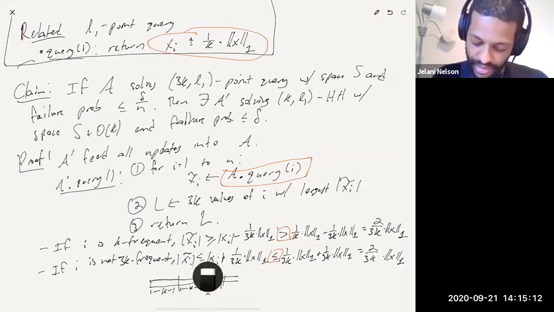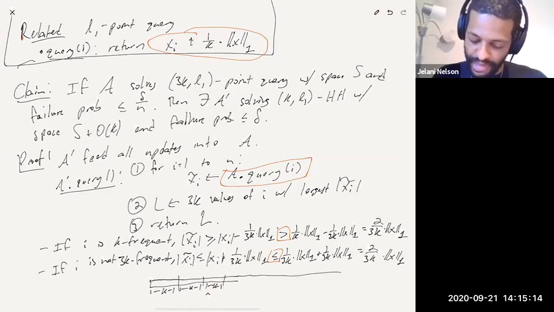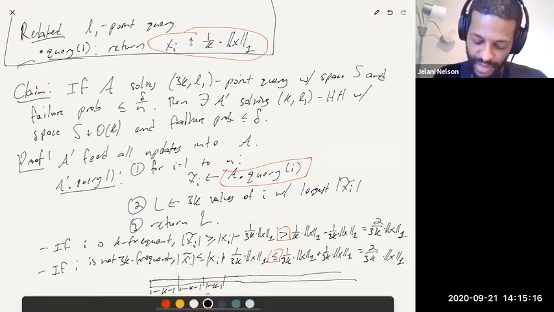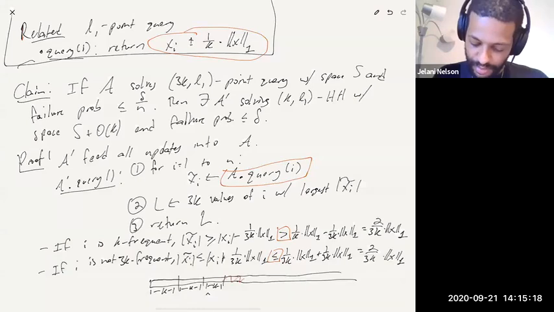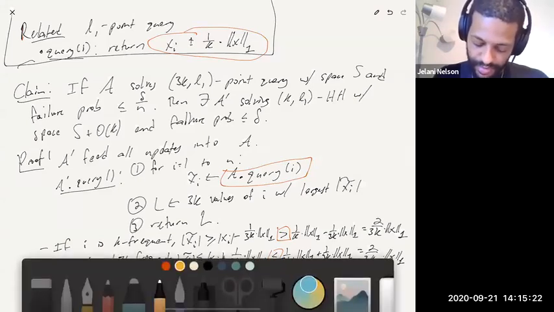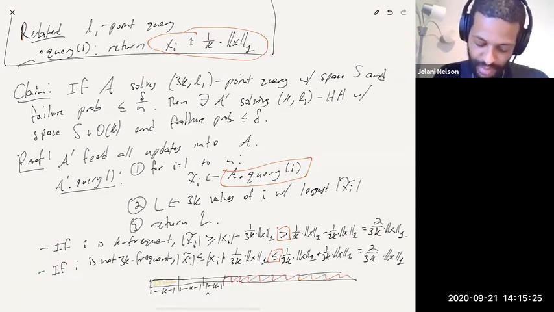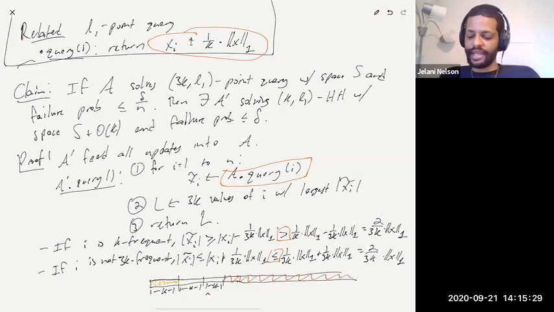And then there's a lot of people back here, all these people in this red region. This is what this is saying in pictures. It's saying that if all the A queries succeeded, if you condition on the event, then all the people in the red region will appear strictly less than the people in the yellow region.